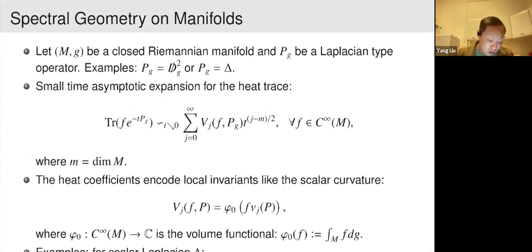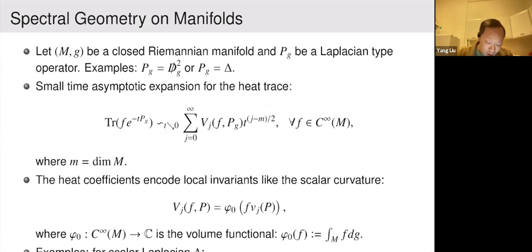In differential geometry, the formula is probably written in terms of the Schwarz kernel, but in order to move the notation directly to the non-commutative case, I use this trace.